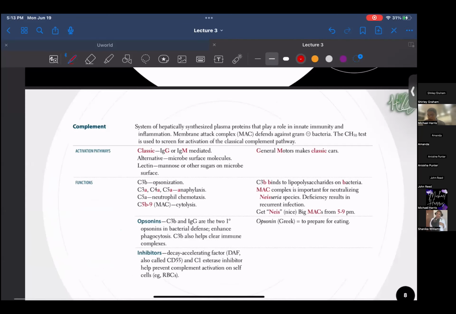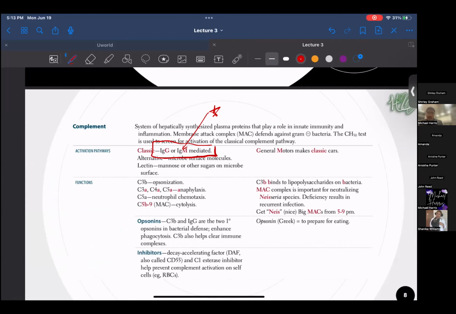Now, complement. I've already said, right? IgG, IgM is the big player. Make sure you remember, once again, IgM is the guy that's more common to activate complement. That doesn't mean IgG can't do it. It's just that IgM's better at it. Okay? Now, there are different pathways you can utilize to activate these complements. Can anyone tell me what those pathways are?